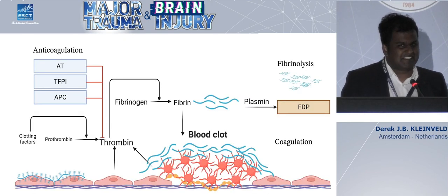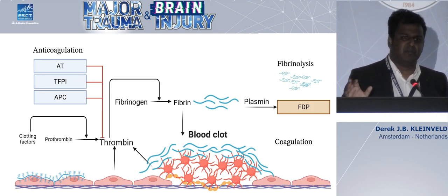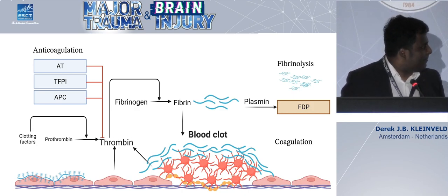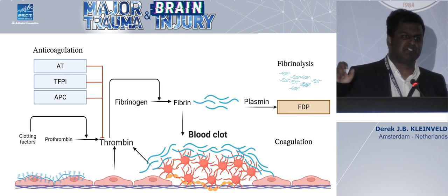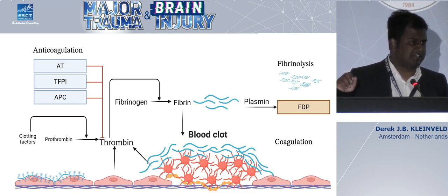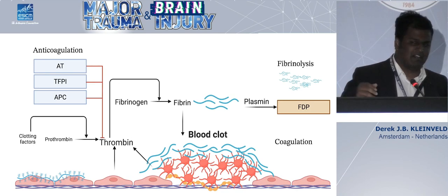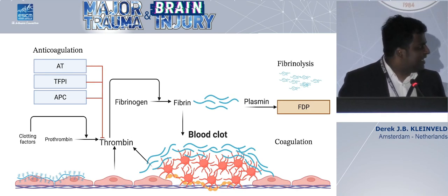To understand trauma-induced coagulopathy a little bit better, here's a quick overview of the coagulation process. You have your vascular breach and your collagen becomes exposed. The first reaction there is to vasoconstrict your microcirculation, which happens through the use of endothelin.